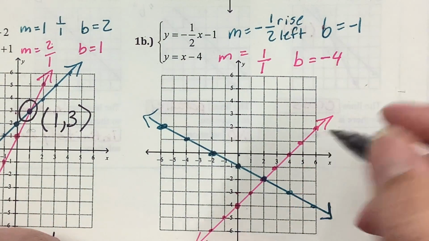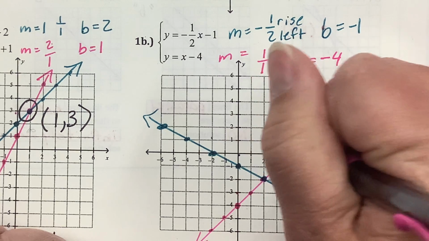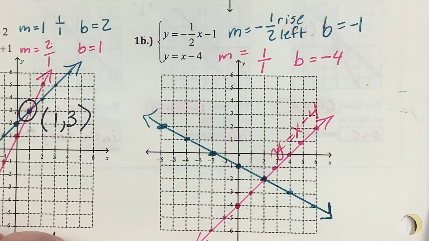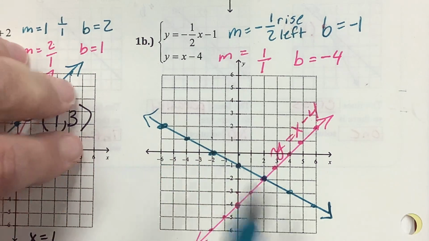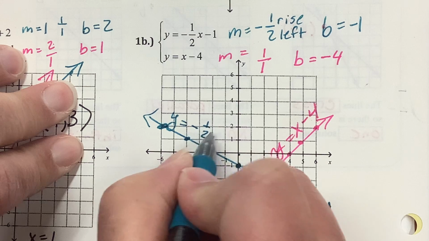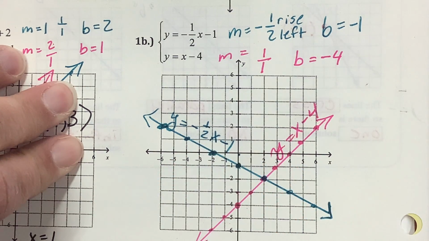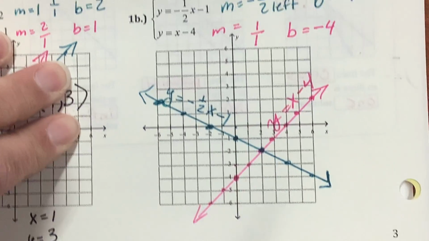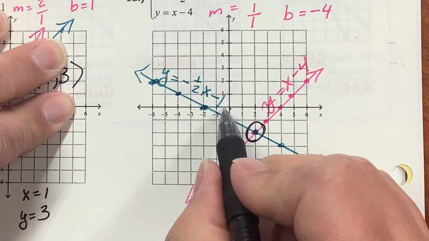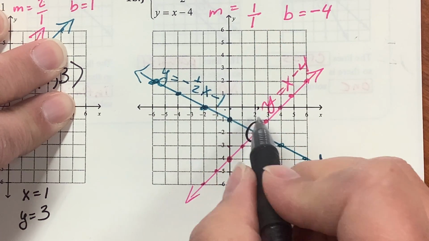And I'm going to write the equation right here. y equals x minus 4. And, oh, I did not write this equation. Silly Bono. y equals -1/2 x minus 1. And where they cross, right here in the middle, is at (2, -2).